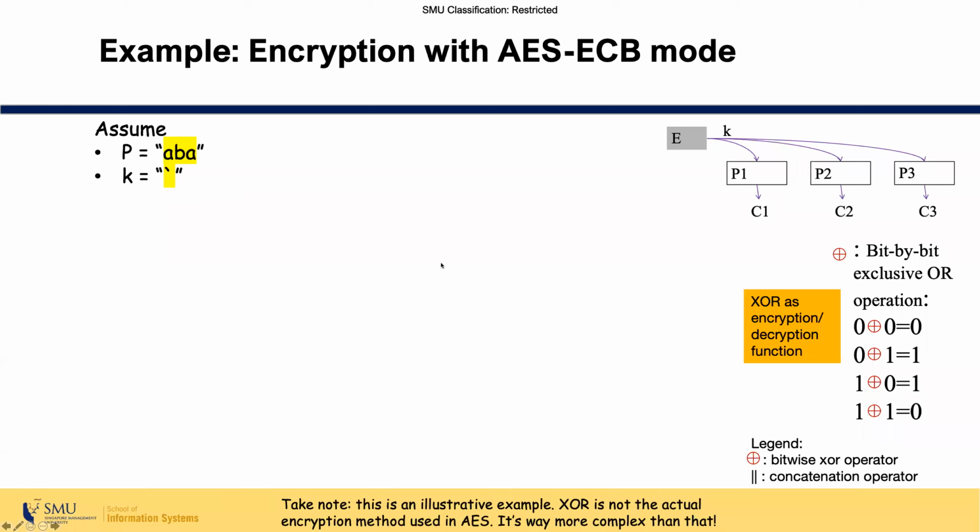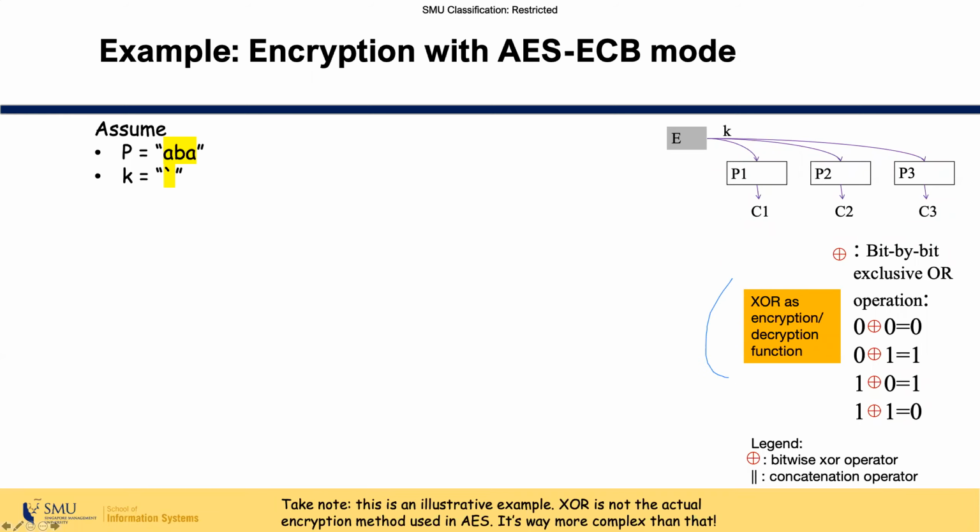Now, let me give you a more concrete example to illustrate things much more clearly. But one very important thing to take note of here is that this is a simple, toy example in which we will be using the XOR operation as the encryption and decryption function.